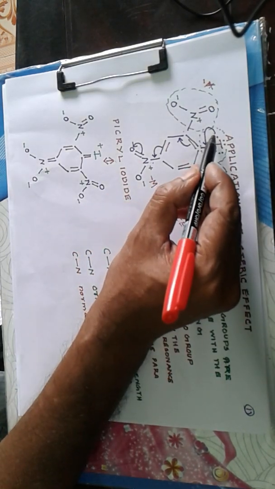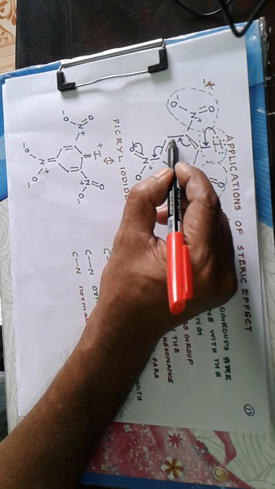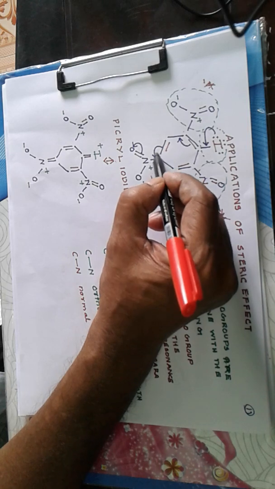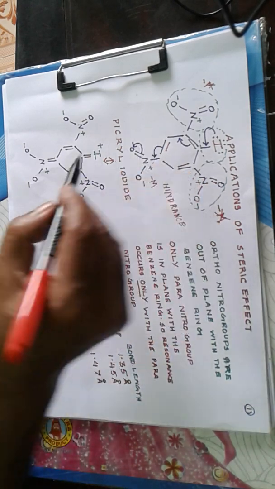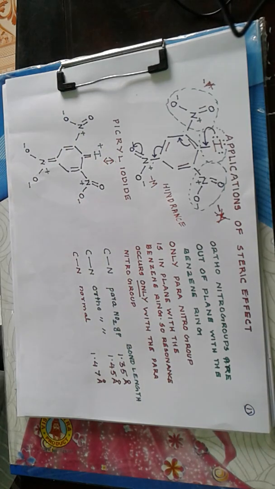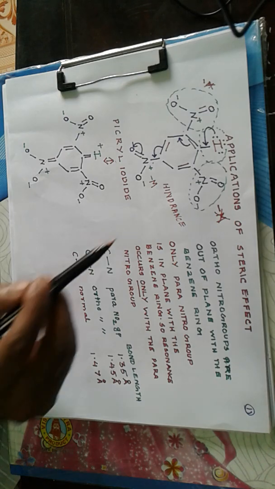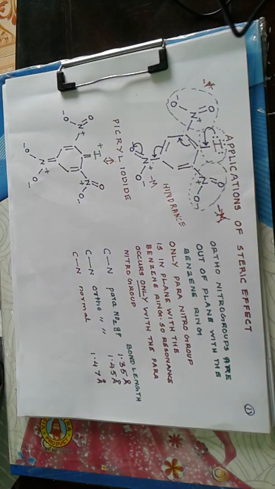Now the lone pair of iodine will be coming over here. Simultaneously this bond will be shifting in this direction, this bond will be shifting in this direction, and this pi bond here will be shifting over oxygen, and we get a canonical structure in which the CN bond is having double bond character, whereas here the CN bond will be having single bond character.